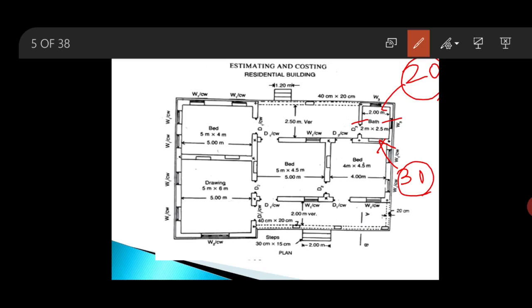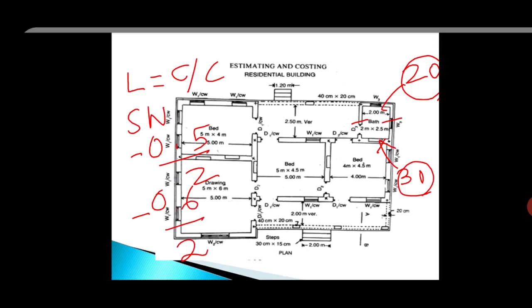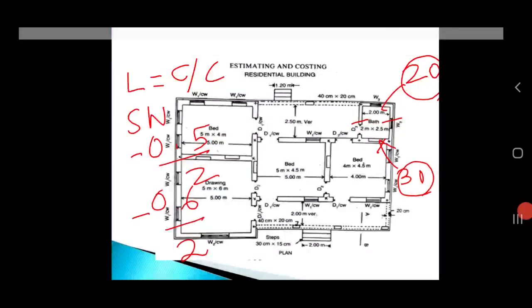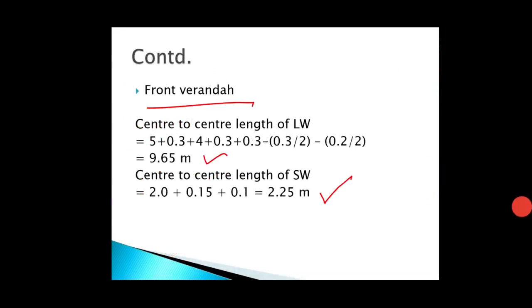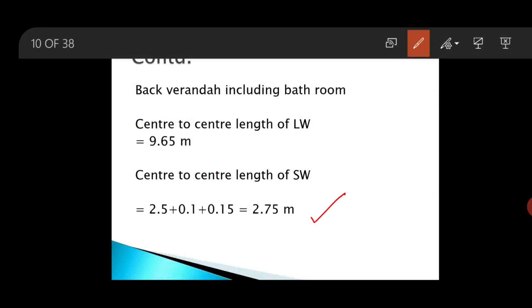So, in order to get the net length from the center to center length of the short wall, we have to subtract 0.5 by 2 for the 30 centimeter wall and subtract 0.6 by 2 for the 20 centimeter wall. Okay. Clear? So, the center to center length for the short wall along back veranda is 2.75 meter.